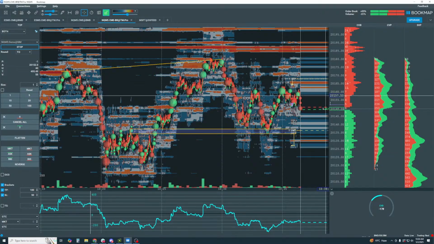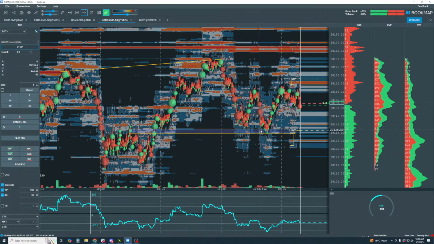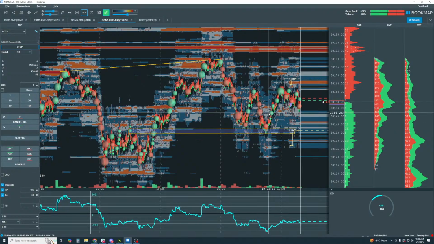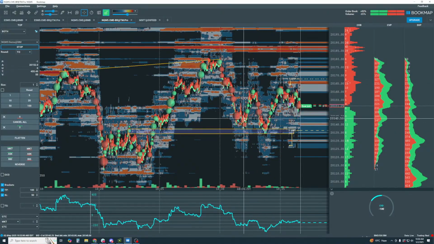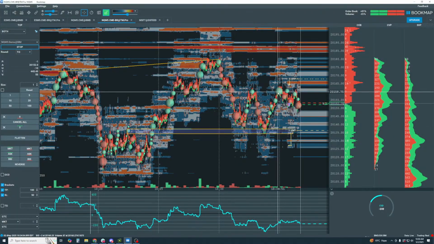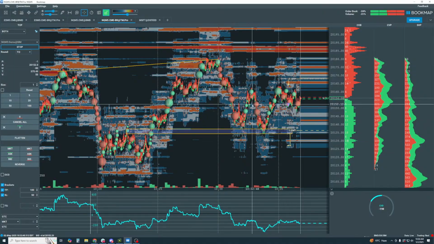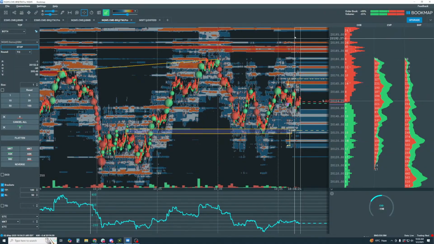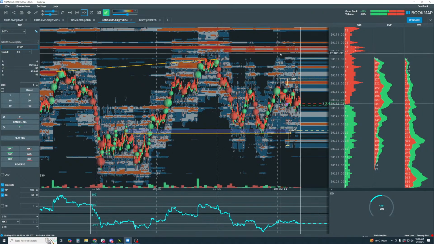I like to be really careful with divergence, because how many times have we seen, oh yeah, it's divergent, it should sell off. It starts to sell off, and then the buying really comes back in. And anyone who's short in this whole area in here is going to be the fuel to the fire to the upside, and you get some really, really powerful moves based off of that.